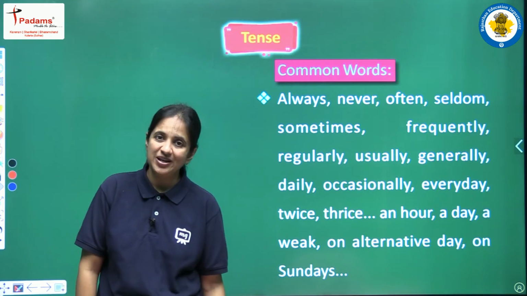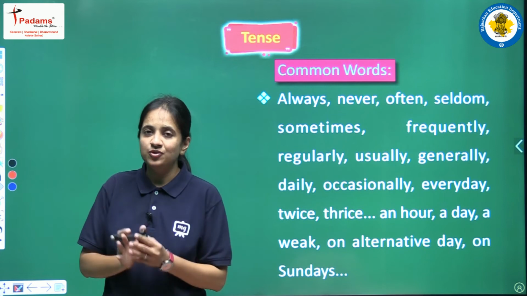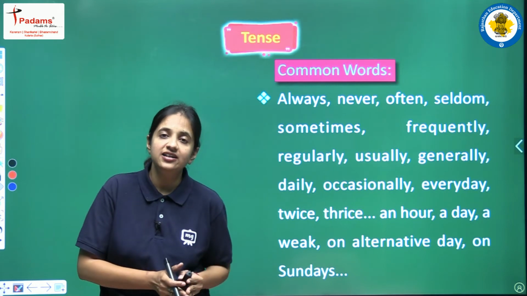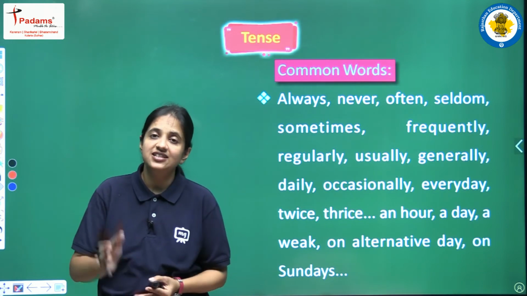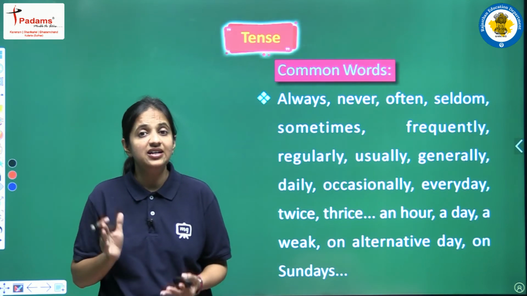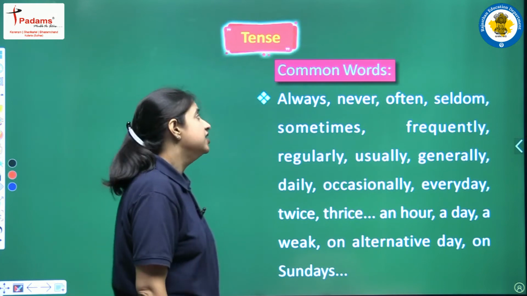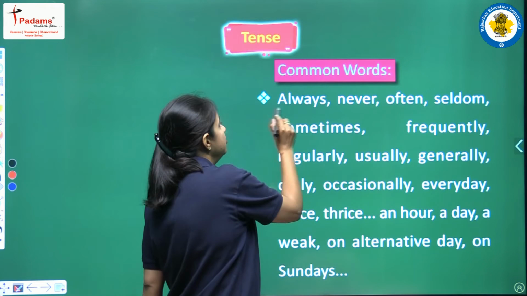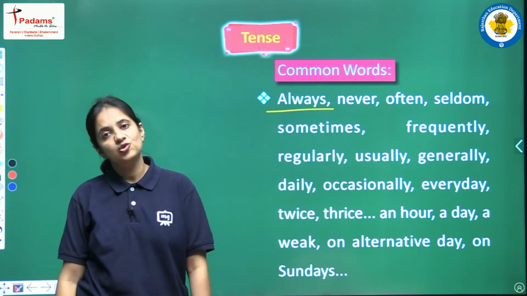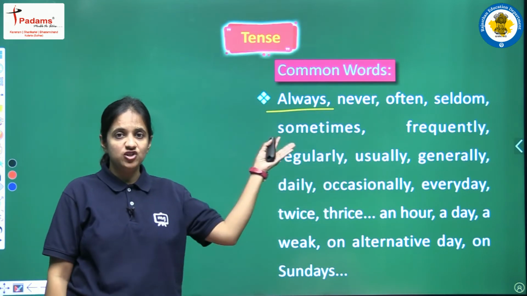What it means is that there are some words, and if we find these words in a sentence, then we can identify that this sentence is in the present simple tense. So let's discuss the words. The first word is always. We have discussed one example in which always was there.